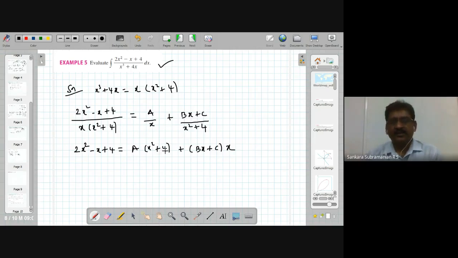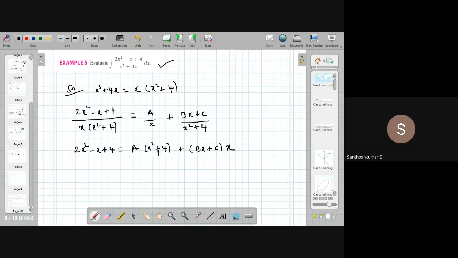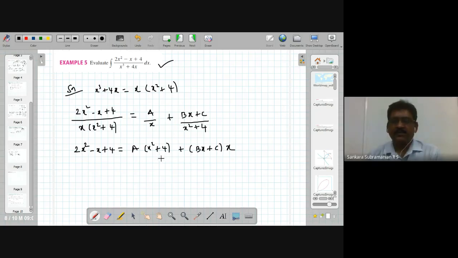How to find a, b, c? Here you cannot make this term 0, so that is a problem. Sir, we can put x equal to 0. Oh, one minute, I'll explain and then I'll say why I am going for that way. If x equal to 0, then you can make this term 0 and you may get some equation.